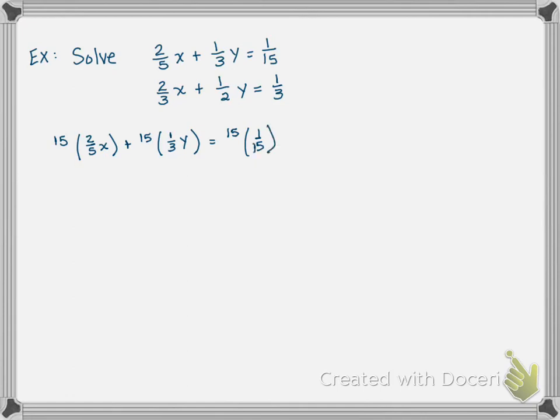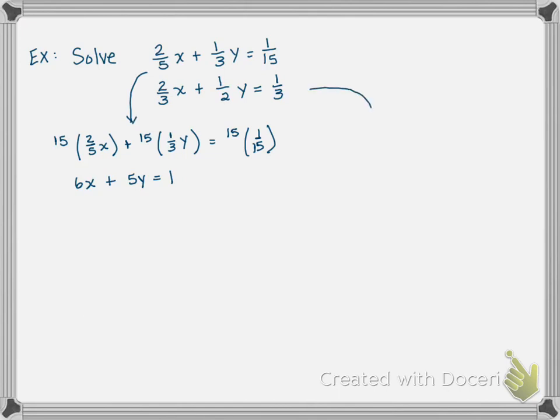And then that gives me 6x plus 5y equals 1. So that's just my first equation.